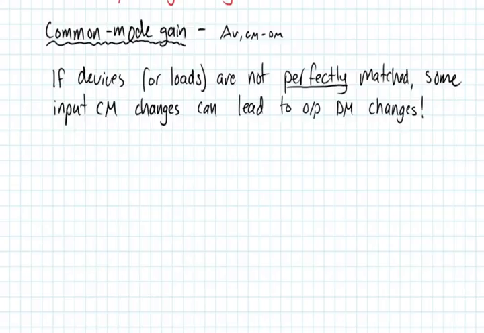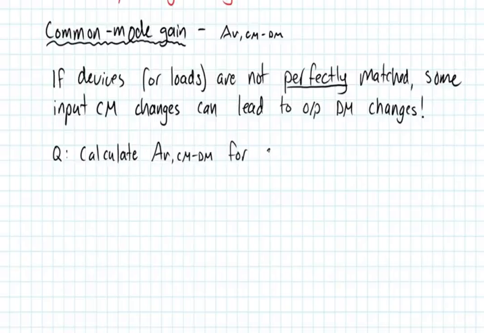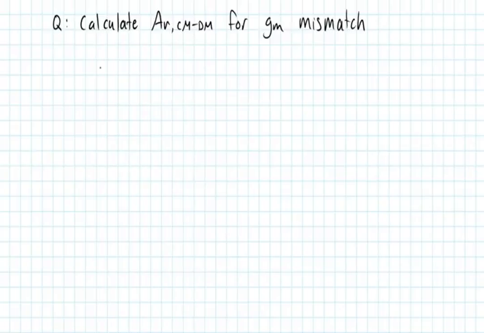Okay, and so what I'd like to do is prepare a question, and this is an exercise that I would like you to at least try on your own prior to me giving the solution. And the question is: calculate the common mode to differential mode gain, AV common mode to differential mode, for a GM mismatch in some transistors. Okay, so in other words, what I'm saying is, let's say we have our differential pair.